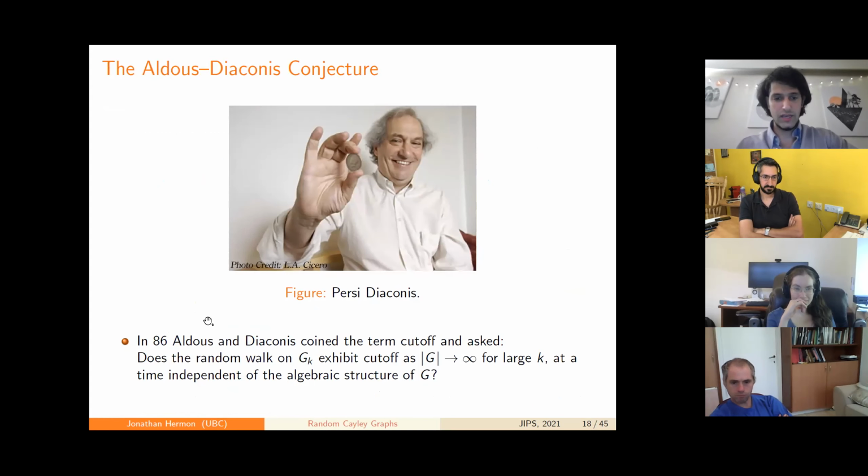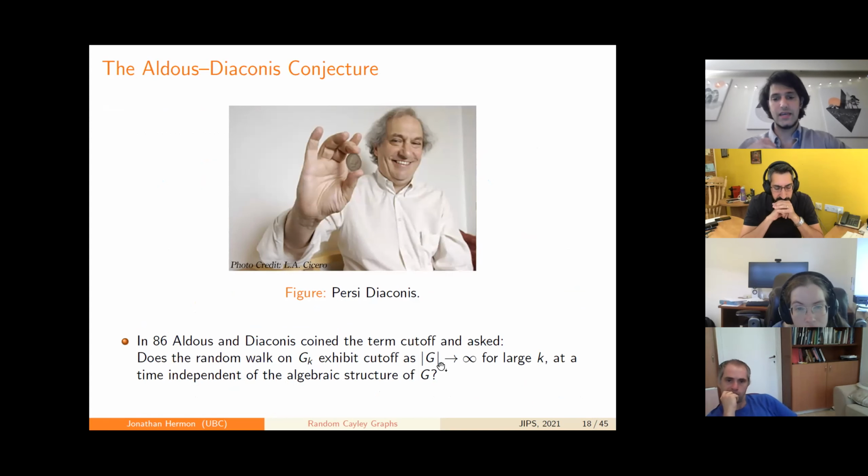Okay, so recall that what the Aldous-Diaconis conjecture says is that G_k exhibits cutoff as the size of the group diverges when k is large, more specifically, when k is of larger order than log of the number of generators.